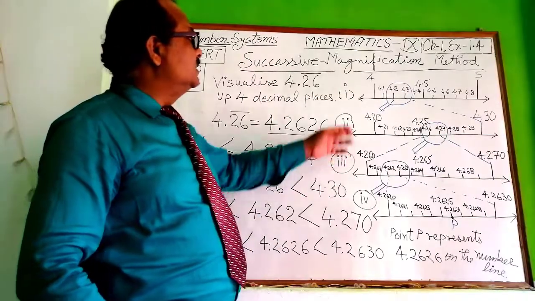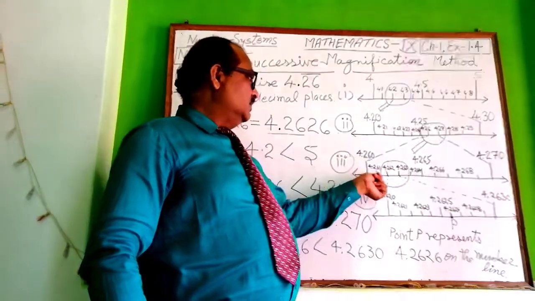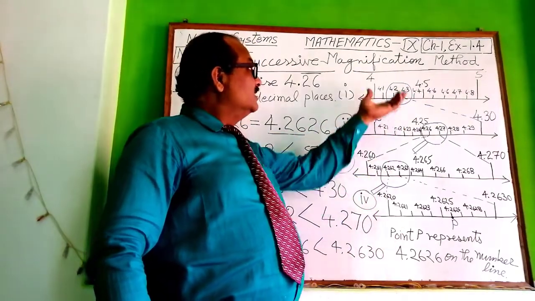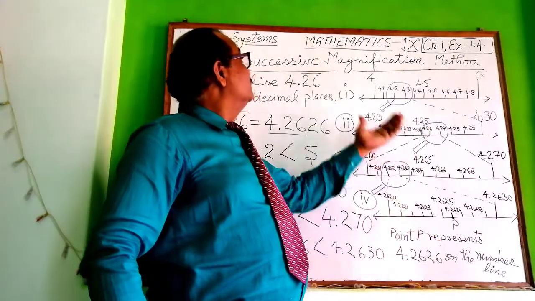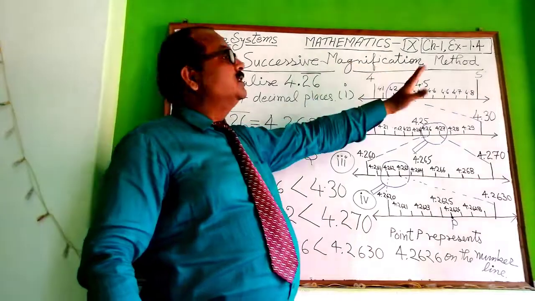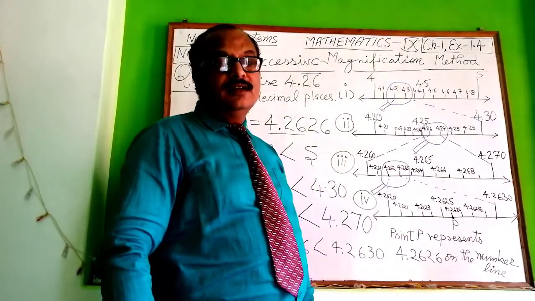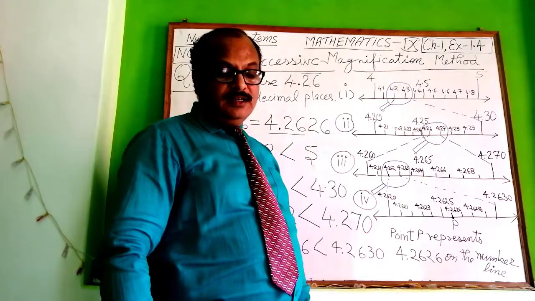So once you can see the first step, second one, third one and fourth one, this method is known as the successive magnification method. So only 2 questions in this exercise and in this way it is completed.